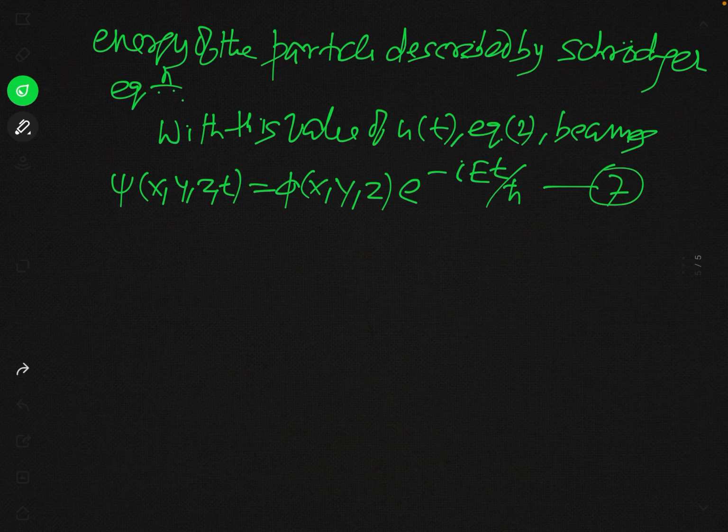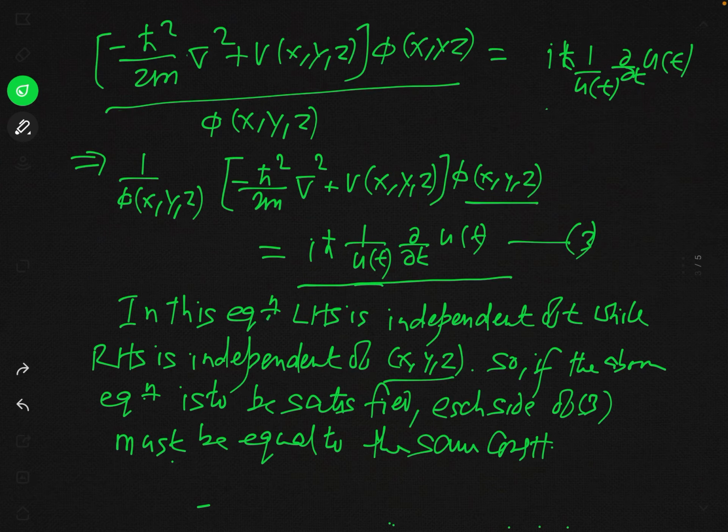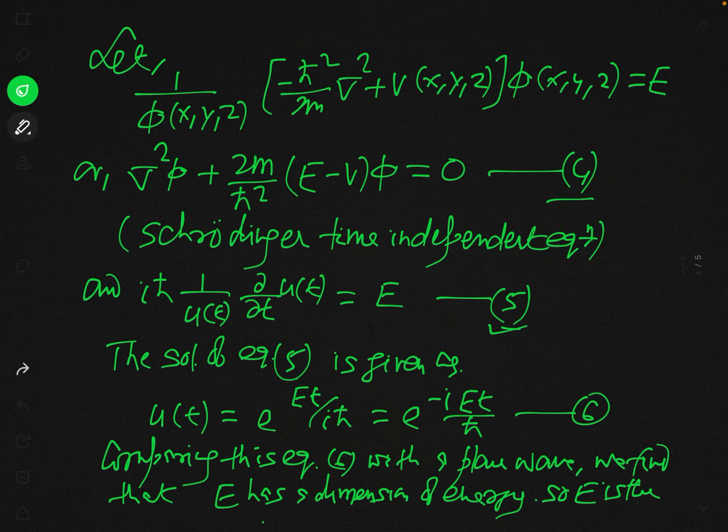It means the particle under consideration is confined to a finite region, and for a single valued, continuous and finite solution of this equation 4, which is the time independent equation, there can only be certain definite values of energy E. Those values of energy E are the allowed values, and for a particular system they are called the characteristic or proper values of energy E, or simply the eigenvalues.